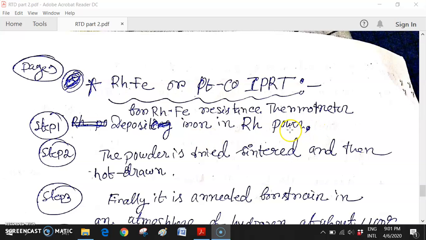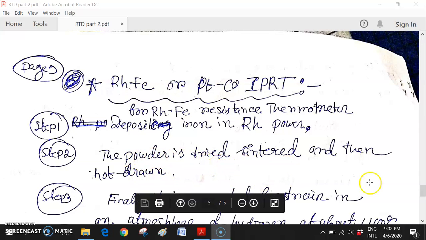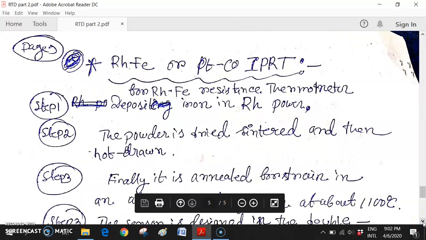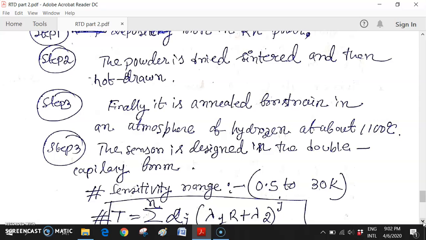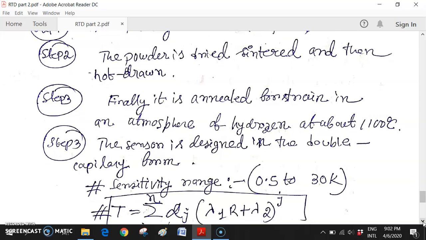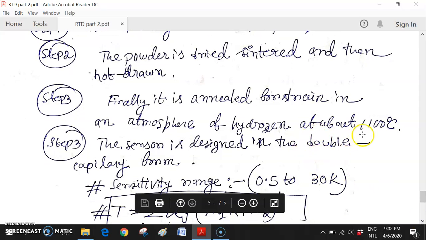Deposit iron in Rh powder. So you take Rh powder first, then deposit iron into it. The powder is dried, sintered, and then hot drawn. In this way I am making an alloy of Rh and Fe. Finally, it is annealed in an atmosphere of hydrogen at about 1100 degrees centigrade.